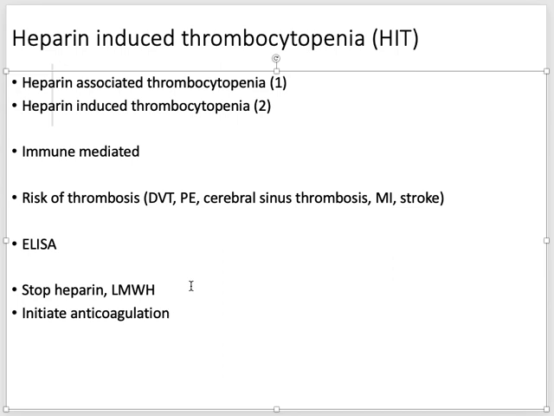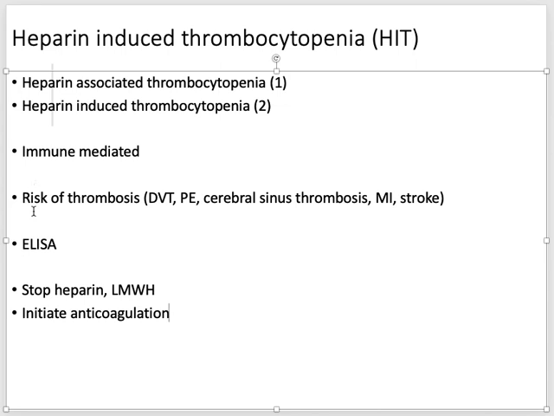Now, see, heparin-induced thrombocytopenia is causing thrombocytopenia, but the patients are not at risk of bleeding. Rather, there is risk of thrombosis. Heparin will cause thrombosis, not bleeding.